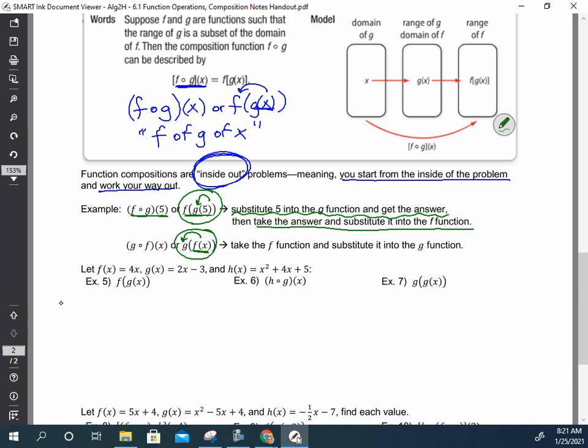Any questions before we look at examples 5, 6, and 7? If you have questions you need to ask, because I definitely cannot read your mind, and I'll find out one way or the other if you know what you're doing.